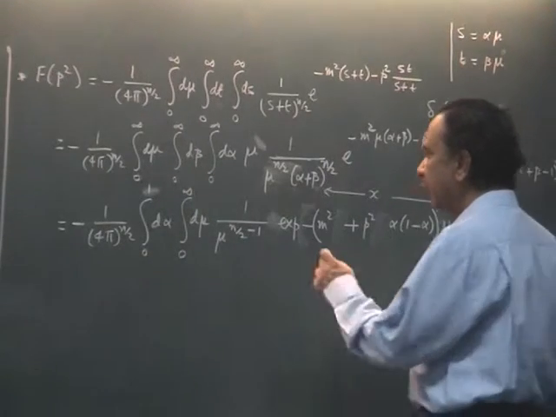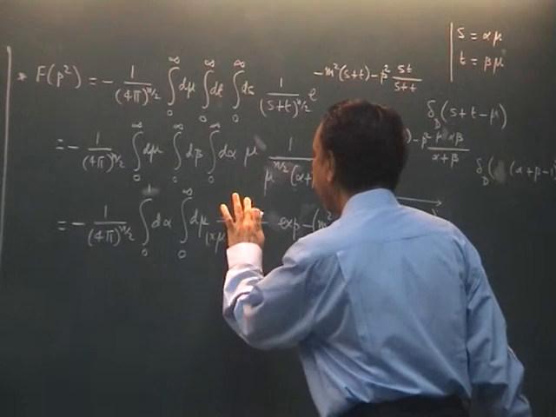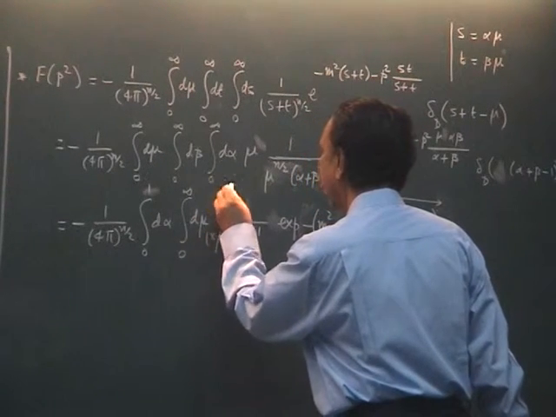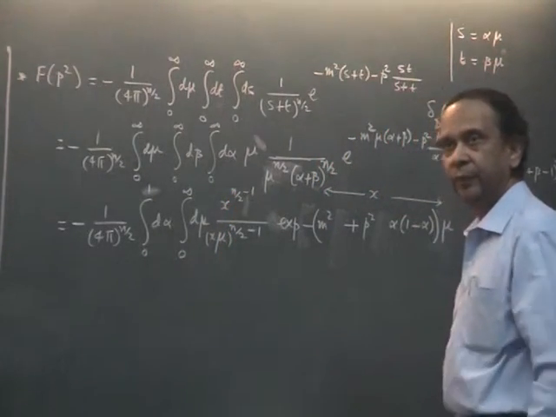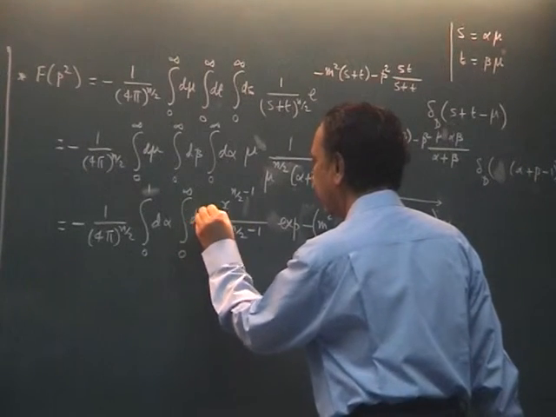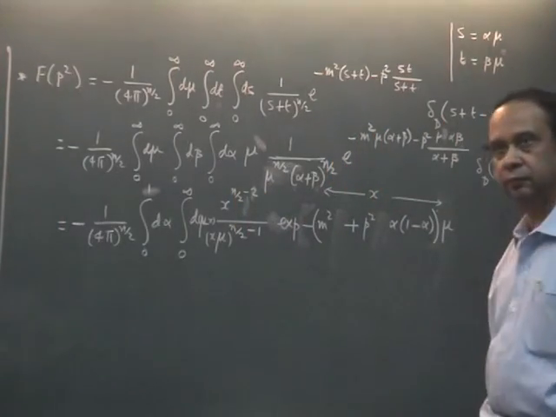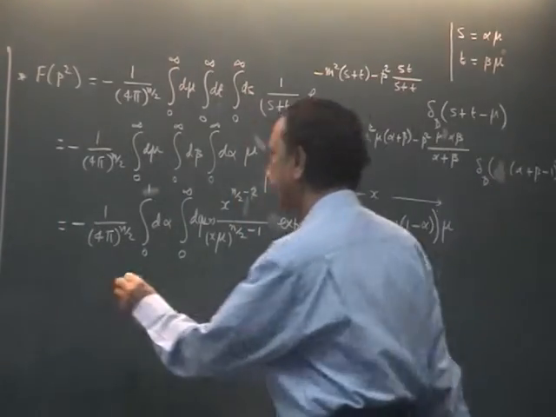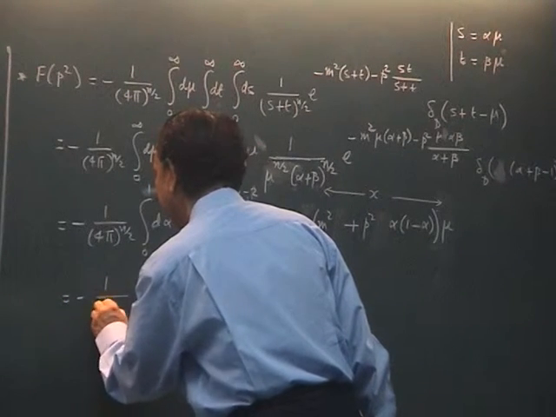So I want an x mu here. So you put an x in this. Then on top you put x to the power n by 2 minus 1. So nothing has changed. Then you put another x here. So you had to divide by that x. That makes it 2.